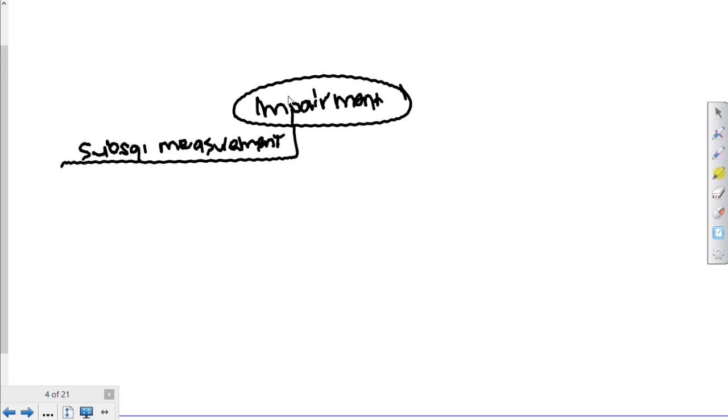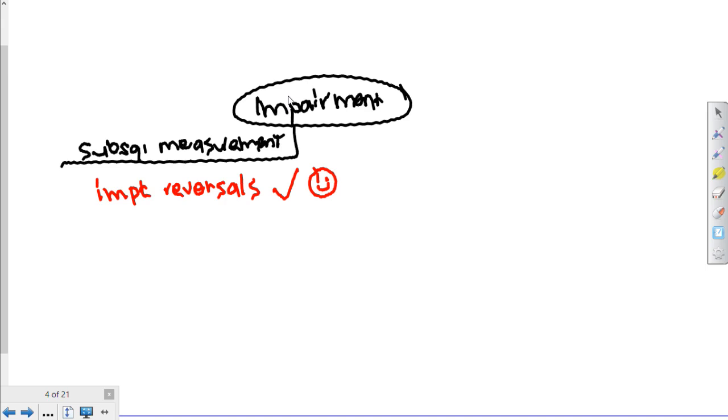Subsequent measurement is measurements in subsequent year ends. And the thing with subsequent measurement and impairment has to do with impairment reversals. Impairment reversals are allowed. You are allowed to do an impairment reversal. It's just the amount of the reversal that you need to be very careful with.